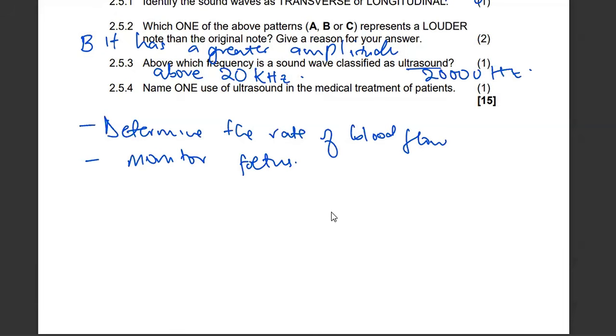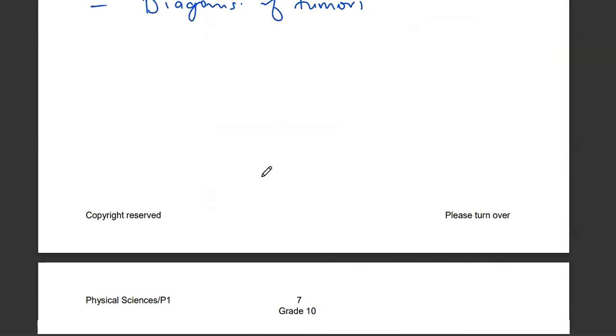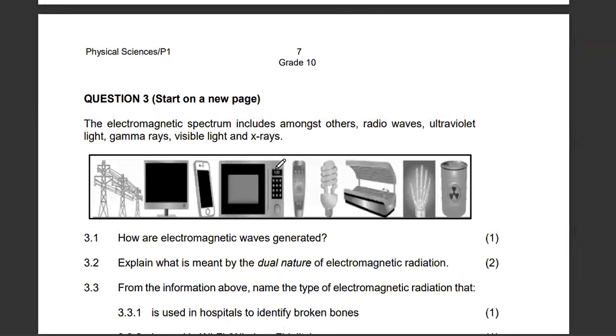Okay. And then next, we can also use them for diagnosing what we call tumors for cancer patients. Okay. So basically those are three, but we can use just one. The other one can also be used to clean the medical equipment and so on.